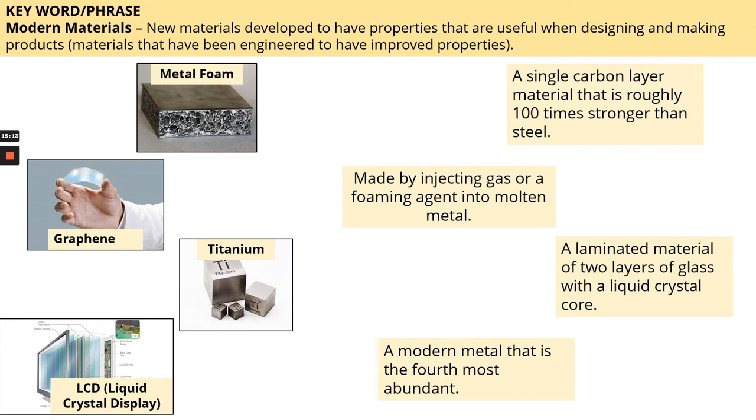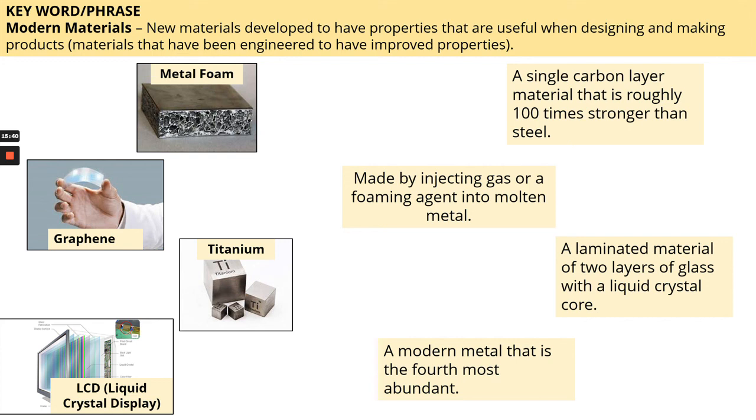A laminated material of 2 layers of glass with a liquid crystal core. And a modern material that is the 4th most abundant. I'll give you 30 seconds, try and match the definition on the right to which material it's talking about on the left. So pause the video here, try to match them together, then we'll go through.